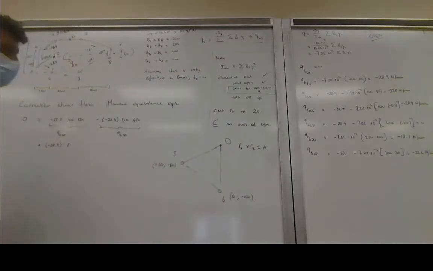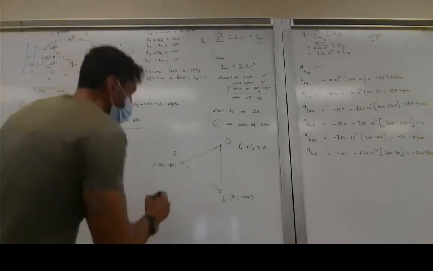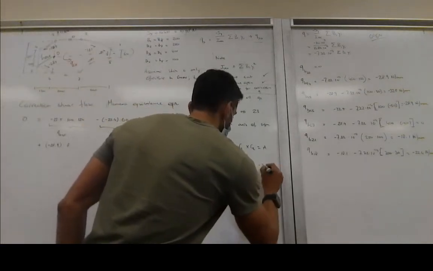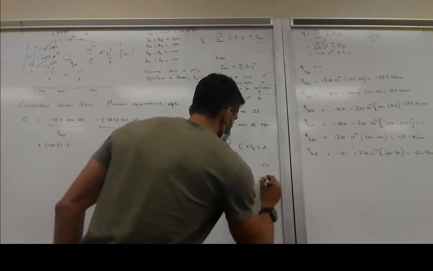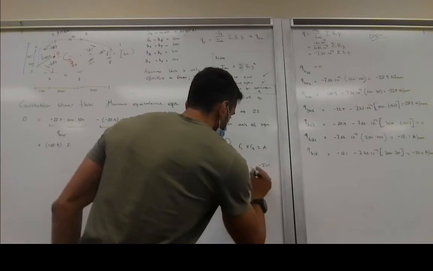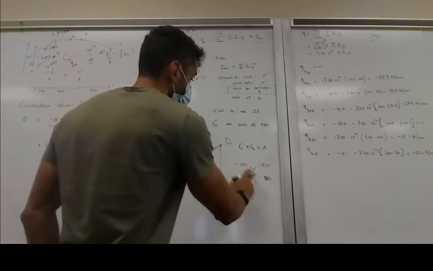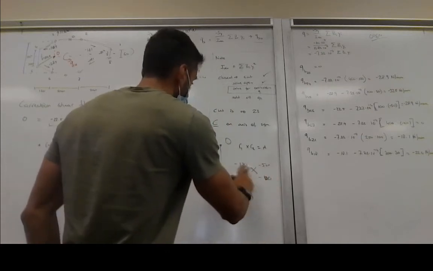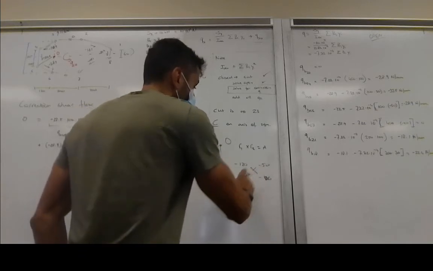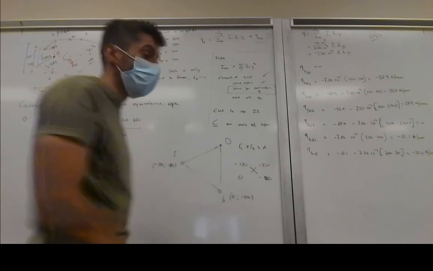And the cross product is nothing more than, so if you take negative 120, negative 50, 0, negative 100.